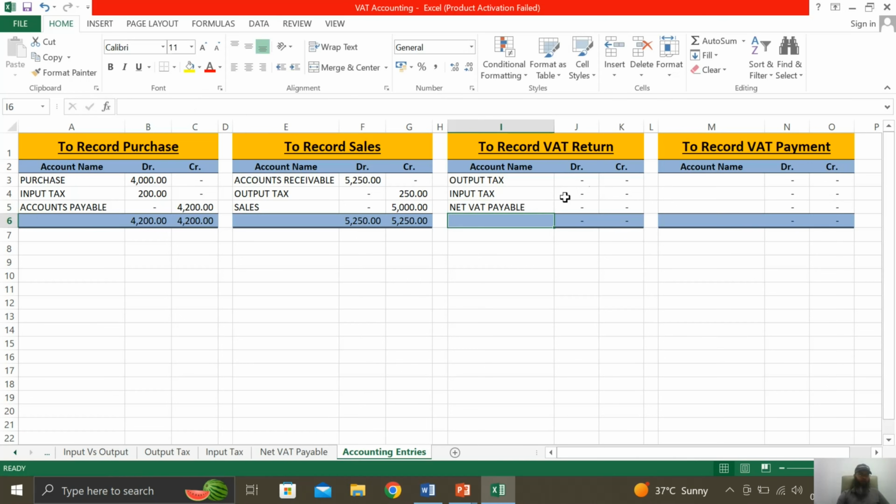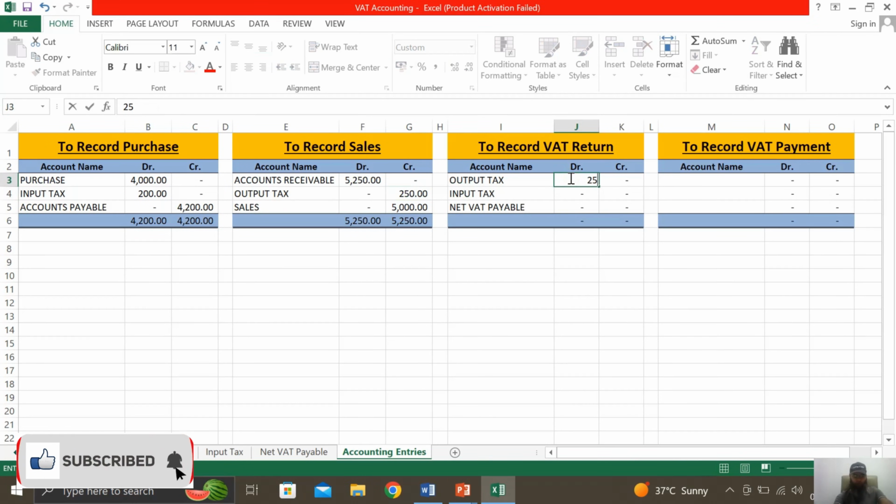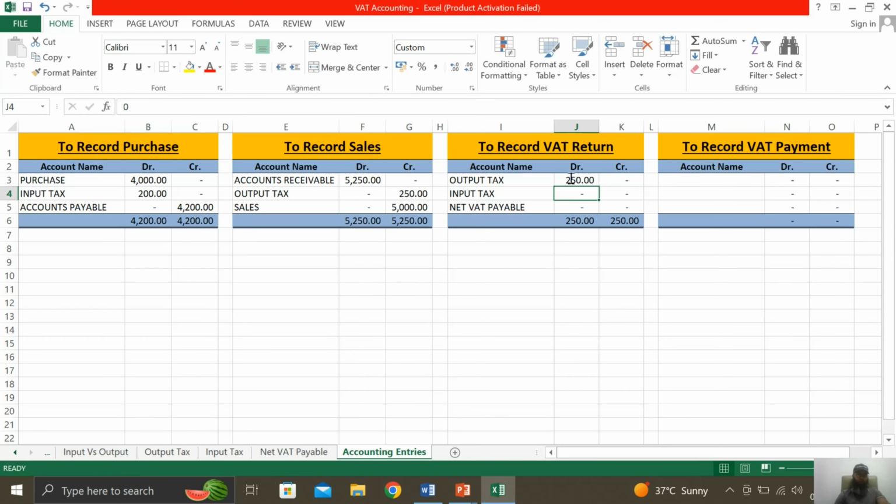Just take this example: the VAT on output tax is 250, so we will give it a debit of 250. Then we will give credit for how much input VAT we have collected, 200.